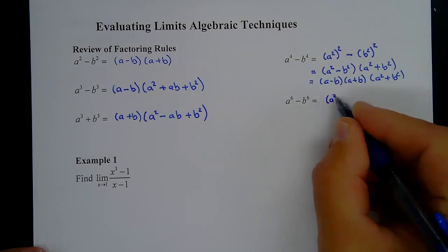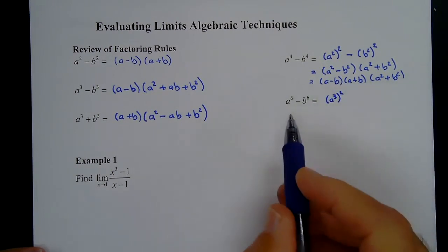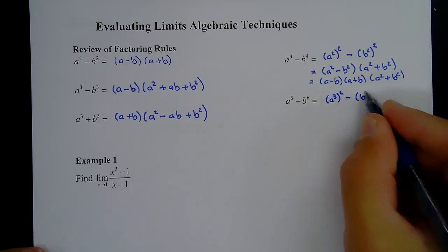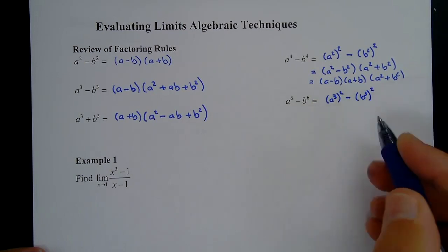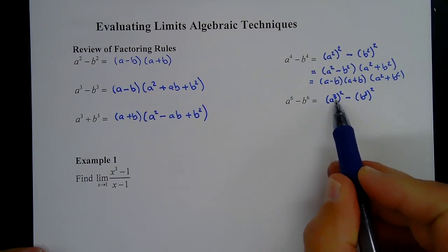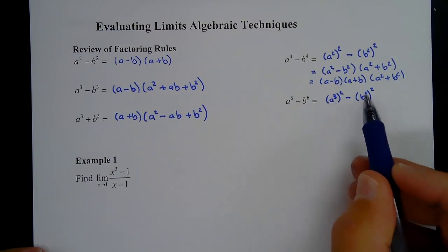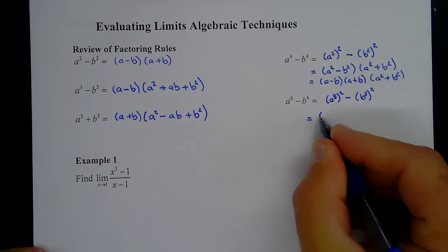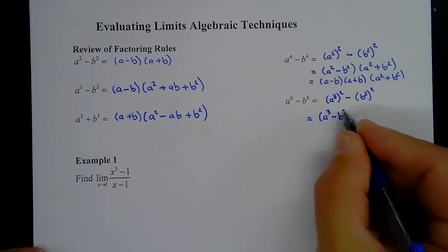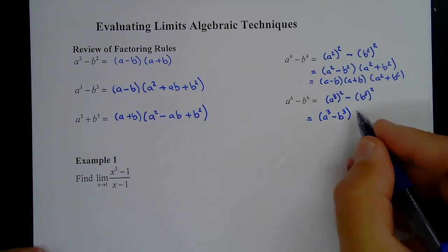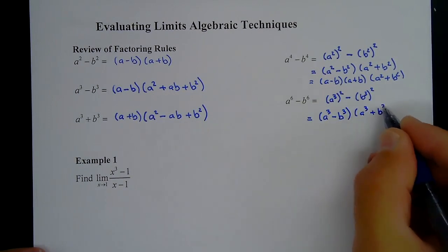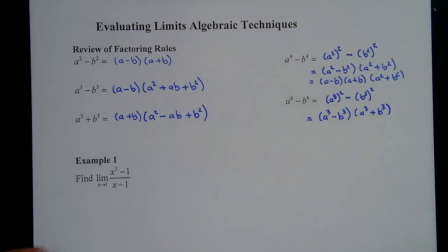Well, you could take a cubed and square it, because that would be a to the 6th, and then minus b cubed squared, that would be b to the 6th, okay? So this is the difference of squares, and the two things that we're squaring are a cubed and b cubed, so this would factor into a cubed minus b cubed times a cubed plus b cubed, okay?